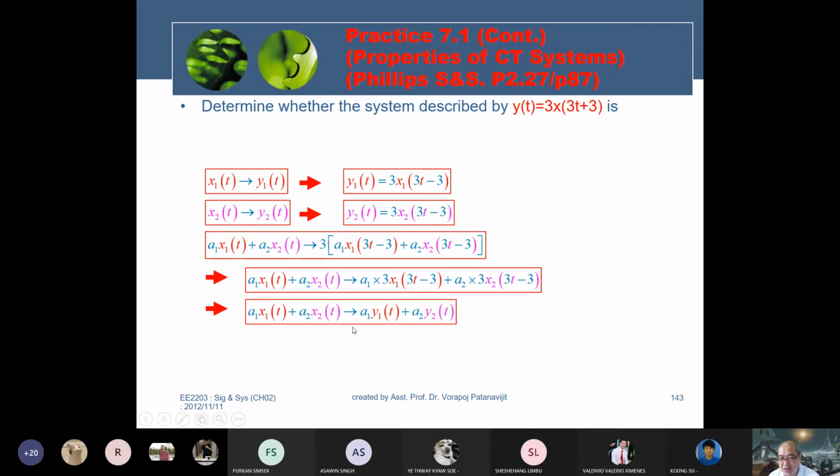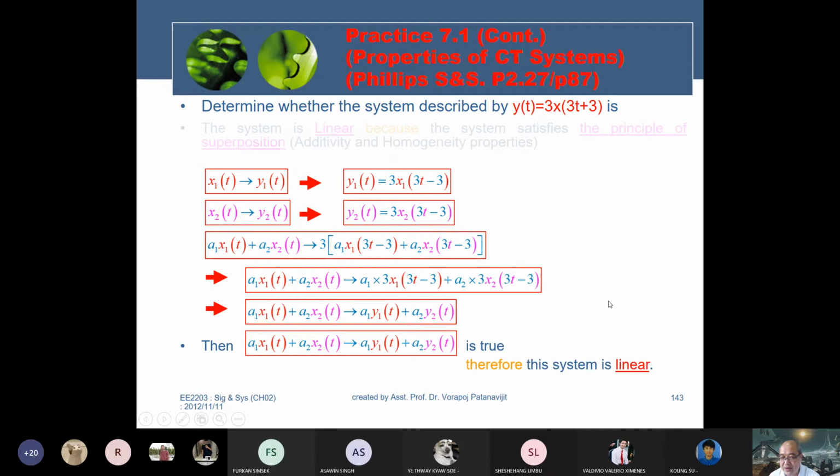You check that x1 gives y1 and x2 gives y2. If x1 plus x2 gives y1 plus y2, the system is linear. It's true, therefore the system is linear, because it satisfies the principle of superposition, the additivity and homogeneity properties.